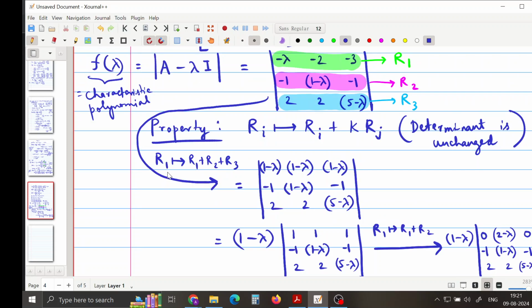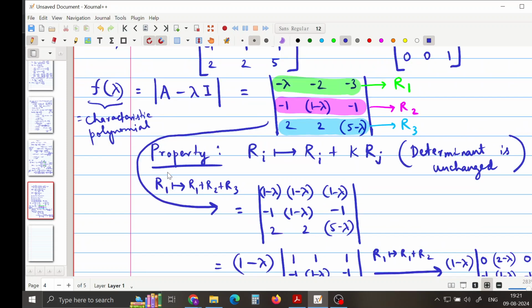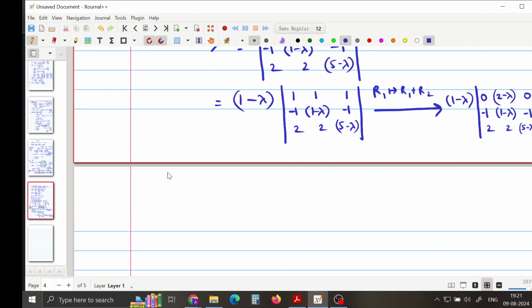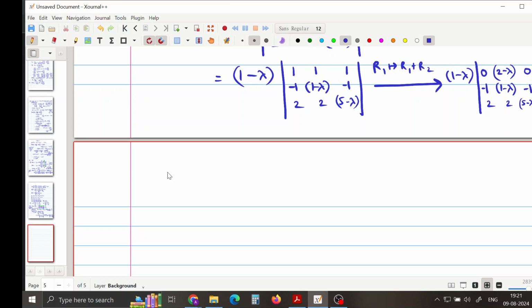Maybe you could have done some other sequence of row operations, but it's fine. I have been able to introduce some sparsity, some zeros. And now you can expand the determinant. What's the best way to expand?